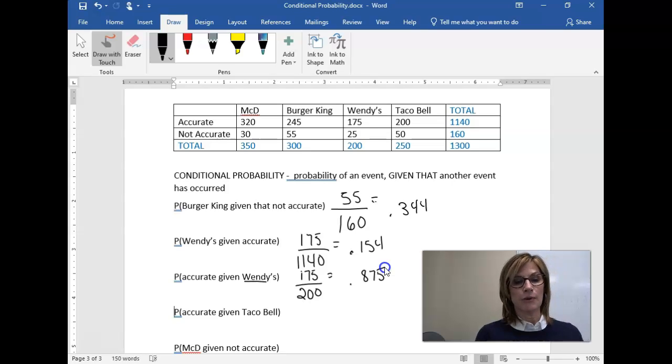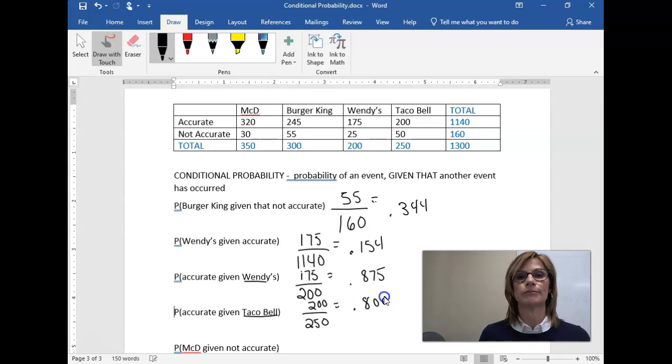Accurate given Taco Bell. Whatever is given goes on the bottom. So we only have 250 orders from Taco Bell. Of those 250 orders, 200 of them were accurate, which gives us 0.800. And the last one, McDonald's given not accurate.